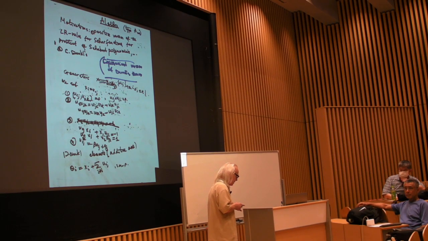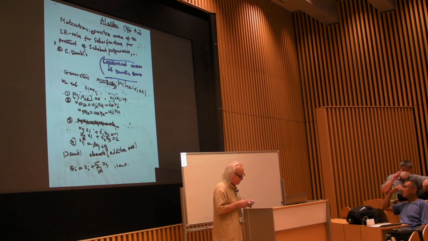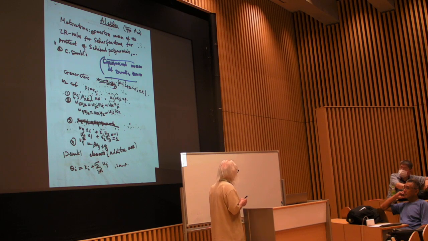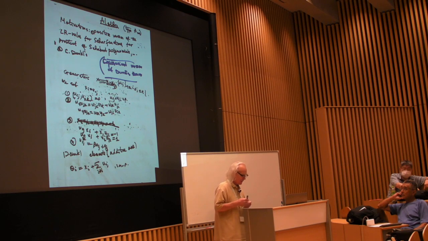Dunkl and Ogden proved that for any finite complex reflection group, one can construct a family of elements called truncated Dunkl elements, which generate the co-invariant algebra of this complex reflection group.